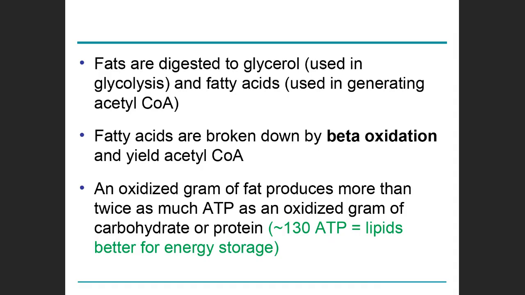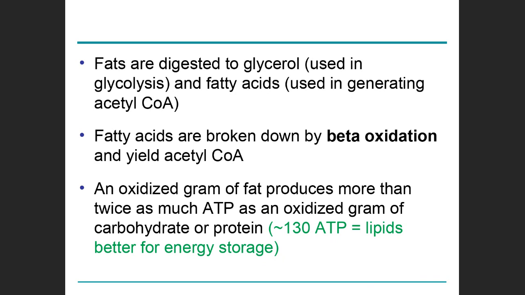So it would be nice if we could just use all the fat first, then use the glycogen stored in our muscles and livers, and then burn protein as a last resort. But that's not what your body does. It uses all three pretty much simultaneously.